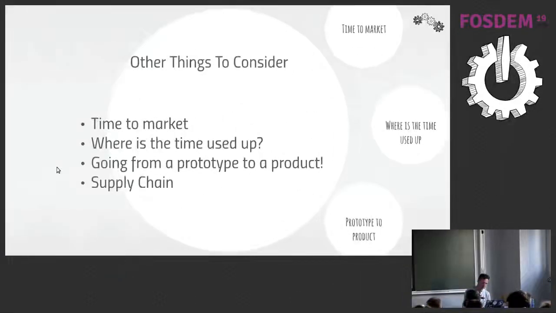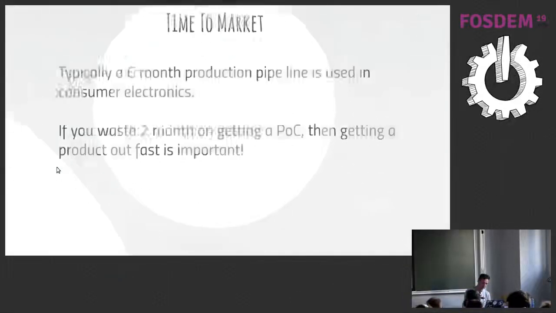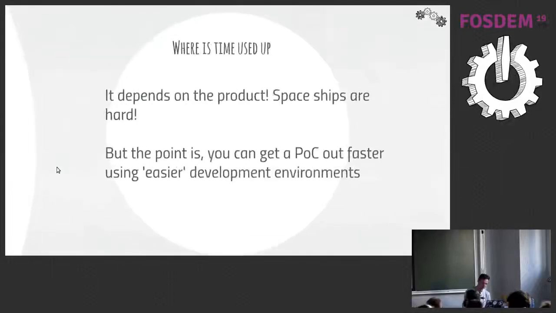We talked about that. Time to market is really important. Yes, products are hard, but getting a proof of concept out fast is important, because if you've got a product portfolio where every 6 months you bring a new product out, then you have to think, if I'm going to spend 2 months getting the hardware ready, then it's 2 months' time you've lost, and everyone else is doing it fast.